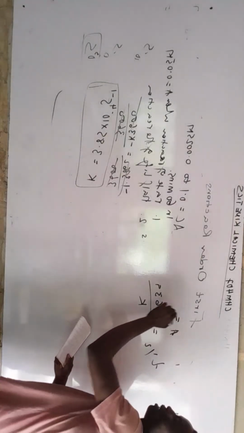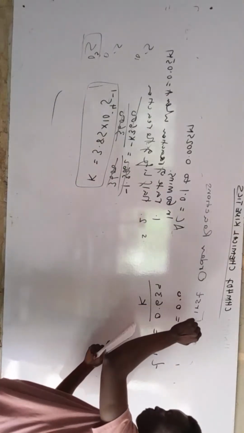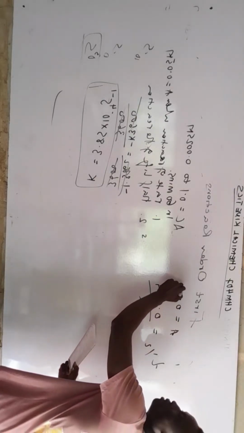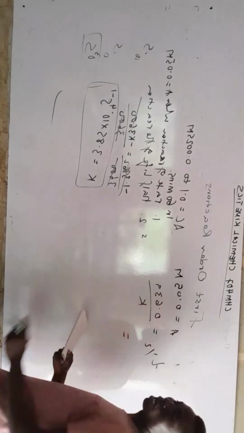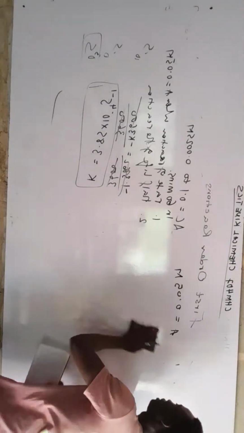You are given A when it changed to 0.05 molarity. Please, the question asks you to calculate rate and not the constant.